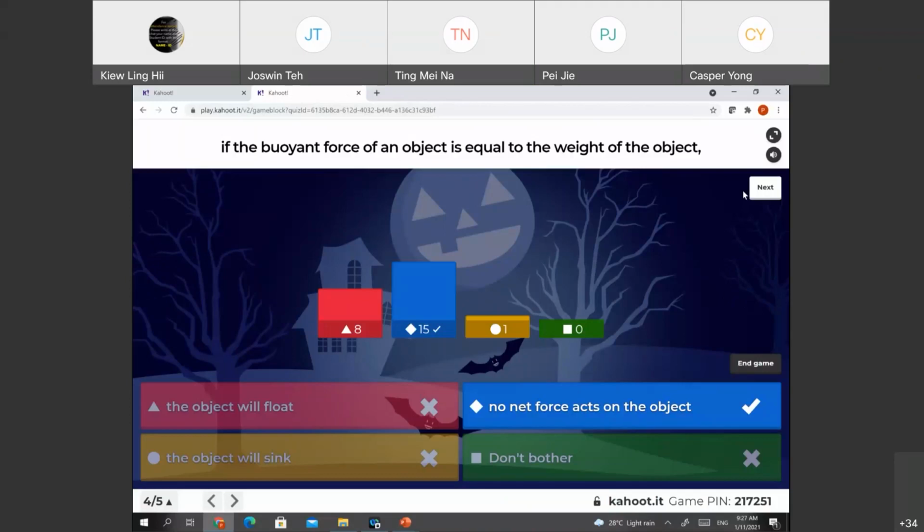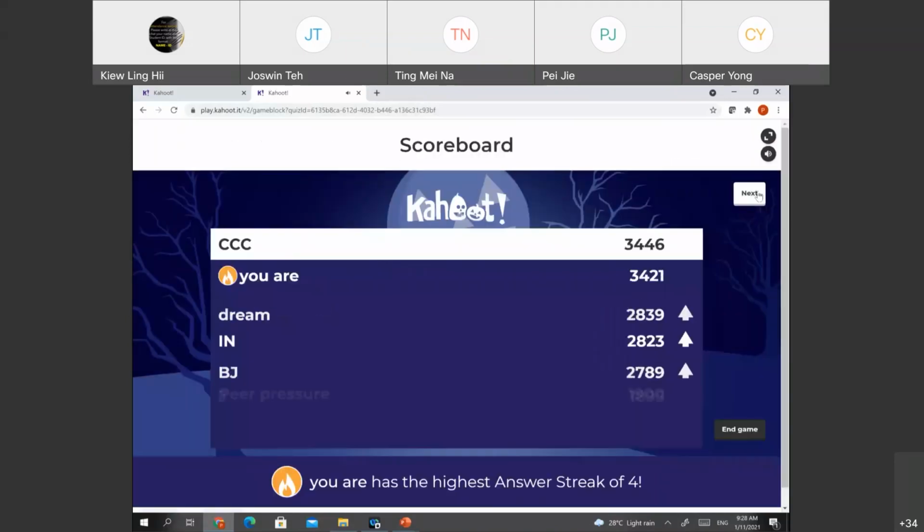When we say the object will float, it means there is a net force going upwards, so it will go up. Will sink means there is a net downward force, so it will go down. So no net force acts on the object. You are all correct. Next.